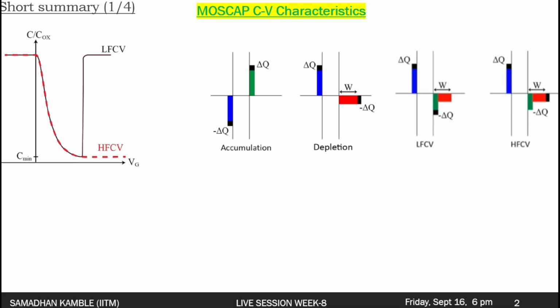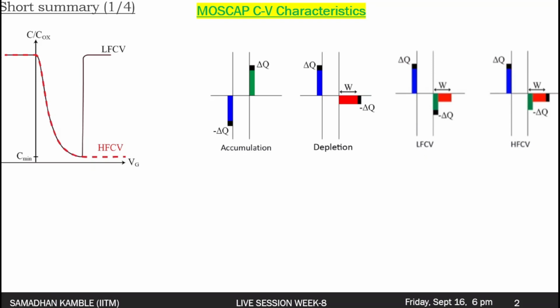Let me go to the slide number 1. So in the previous week, that is the week before this Monday, we talked about the MOS capacitor, its importance in the MOS devices and so on. We specifically mentioned the MOS capacitor's electrostatics when we applied different potential at the gate, how the different regimes arise, like accumulation, depletion, inversion in the MOS capacitors.